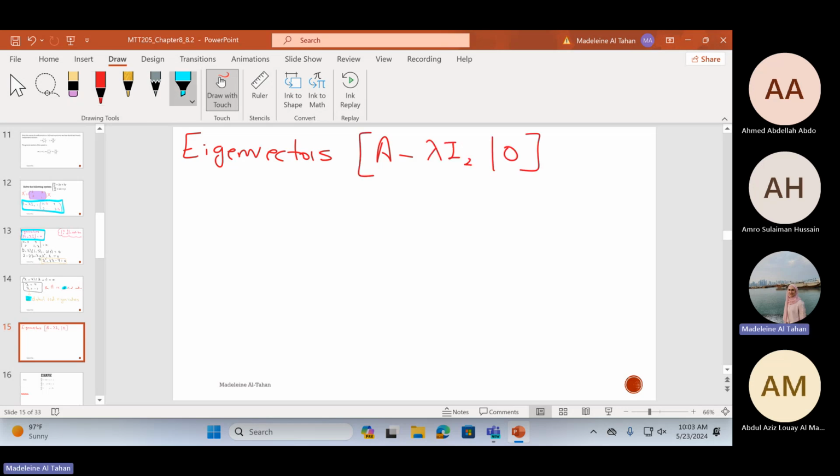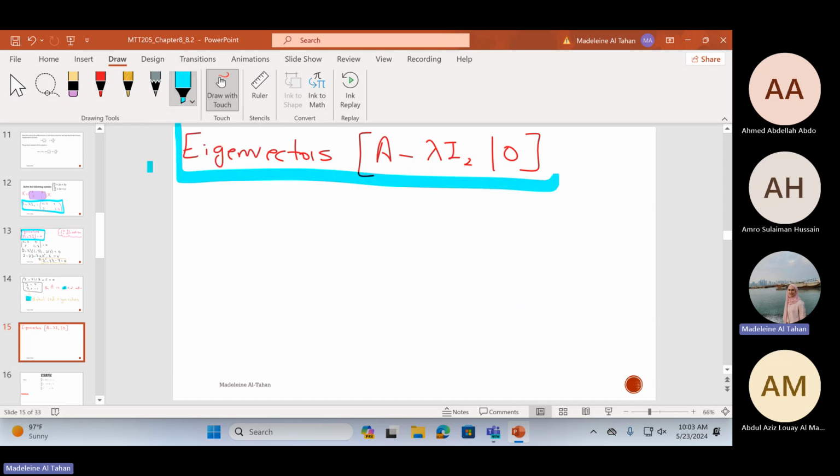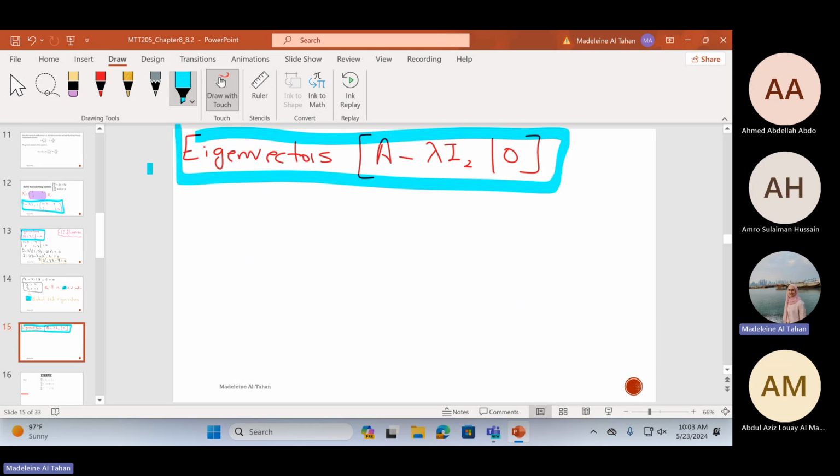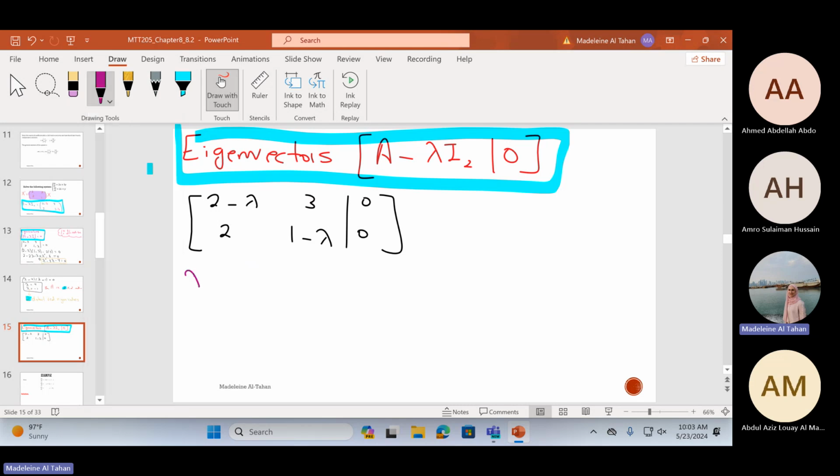And this one we put in a box because always when we are finding eigenvectors, we will use this one. Okay, so what do we need to solve now? We need to solve this: 2 minus lambda, 3, 2, 1 minus lambda, 0. And we will start with what? Lambda 1 equal. It means that we substitute here lambda equals.